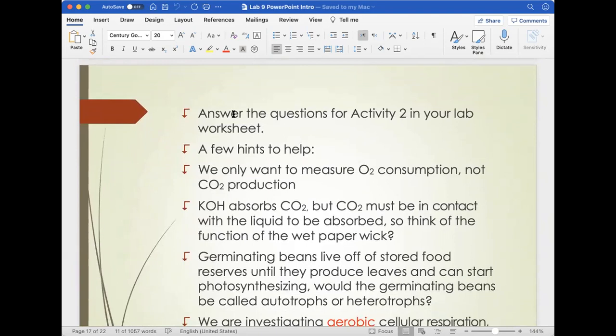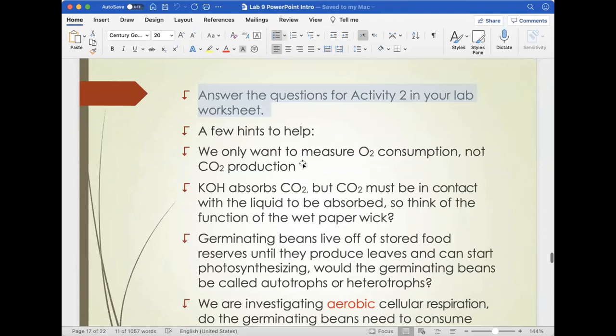So what we're doing here, I'll talk you through what the activity will look like on your lab worksheet. You have to answer the questions on activity 2 in your lab worksheet. A few hints: we only want to measure oxygen consumption, not carbon dioxide production. That's because the KOH is absorbing the carbon dioxide, but carbon dioxide must be in contact with the liquid to be absorbed.